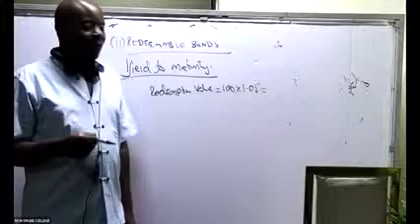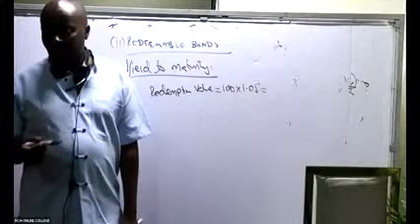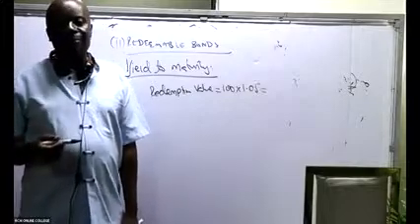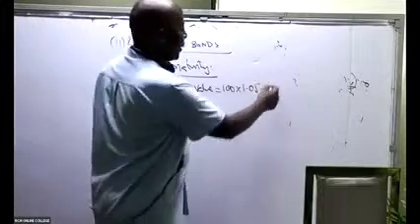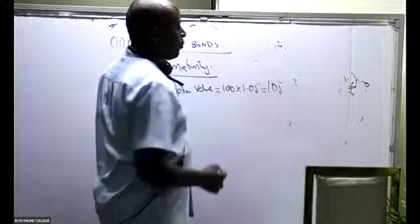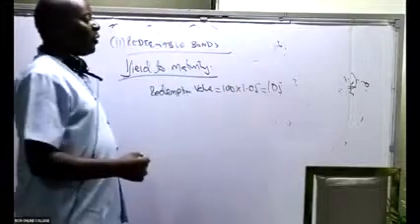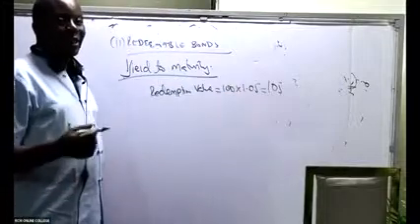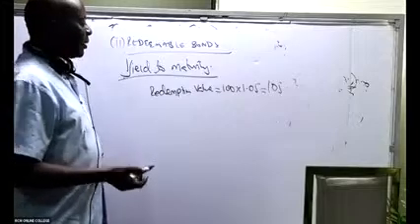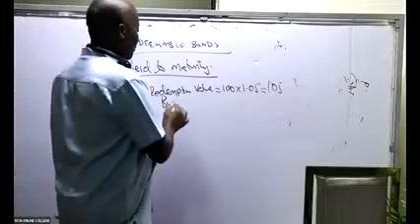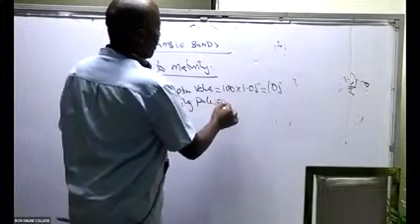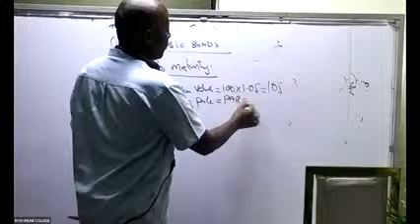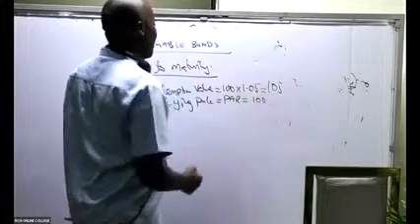So 1.05 times 100, this gives me 105. And then we have our buying price. You can see we are buying this at par, so the buying price is at par or face value of 100.